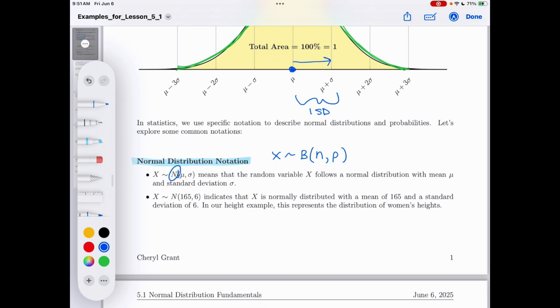For the normal distribution, we use an N for normal, and the values that shape the graph that we need to define in here are the mean and the standard deviation. So here's an example. This notation, where it says x with the tilde and then N(165, 6), says that x is normally distributed with a mean of 165 and a standard deviation of 6.